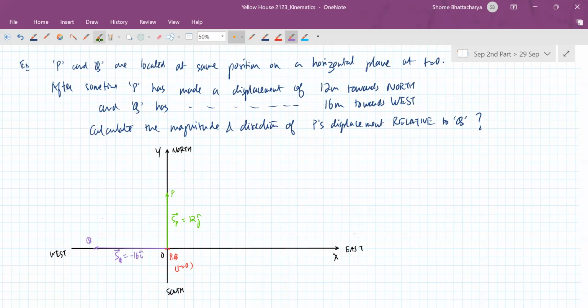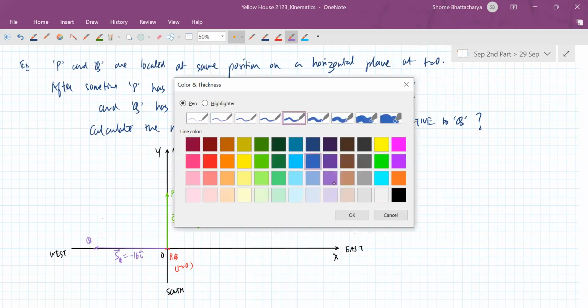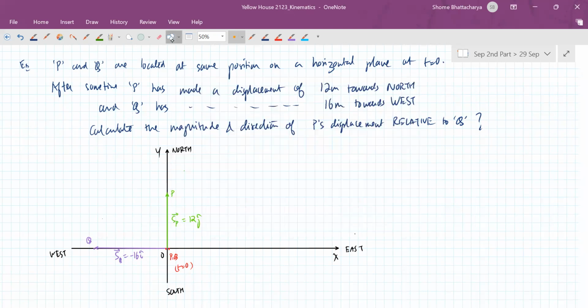So now we can see that the displacement of, for example, P with respect to Q will become the displacement of P minus the displacement of Q. That will be this vector.